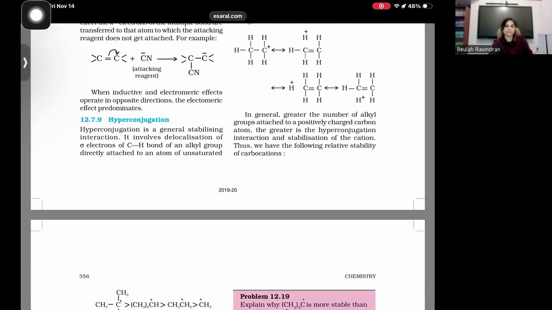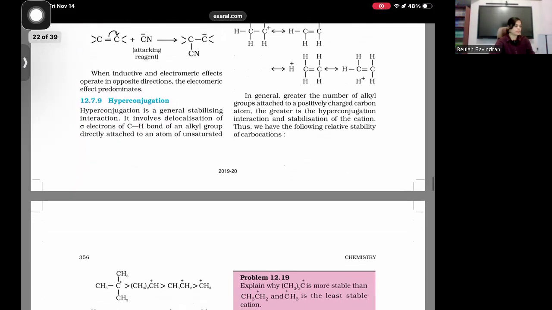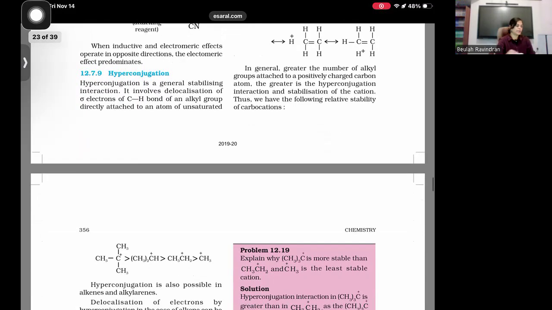hyperconjugation or conjugation effect. Okay, so hyperconjugation effect. It is a general stabilizing interaction, that is hyperconjugation. It is a type of interaction between pi electrons and sigma electrons of the nearby C-H bond.